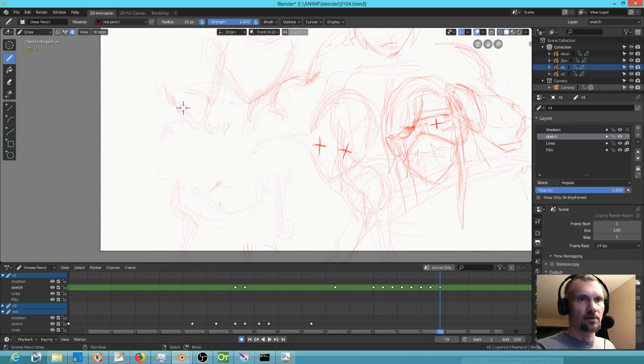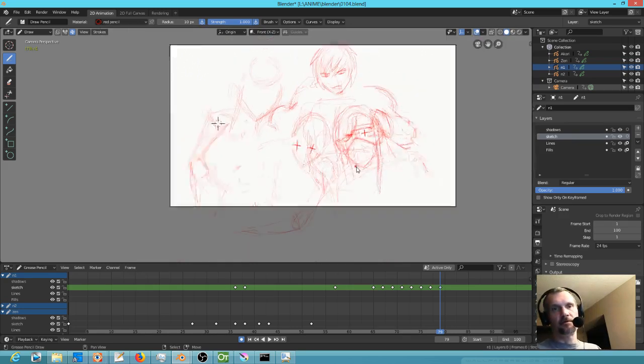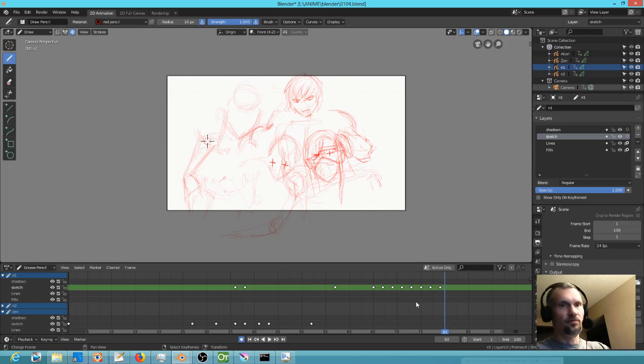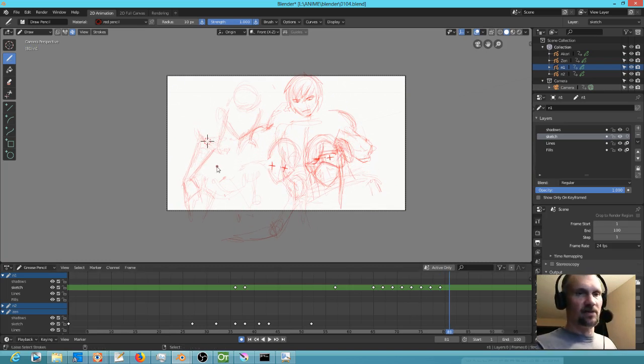So what I'm going to do is, well, this just goes to show it, doesn't it? It's just so much easier to just redraw it 10 times faster. Okay. And I'm going to go ahead and put one more key in there just because I'm feeling frisky. Like that.